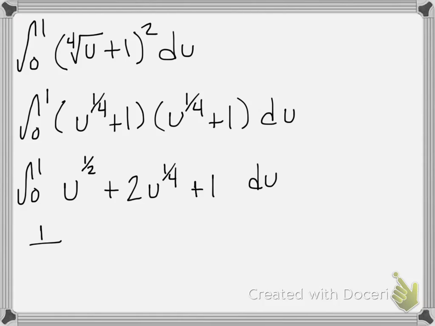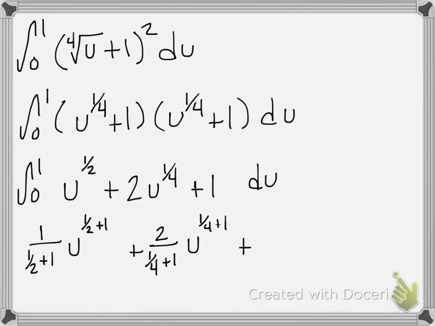We're going to have 1 over n, which was 1/2 plus 1, u to the n, which was 1/2 plus 1, plus our 2 over our n, which in this case is 1/4, plus 1 times u to the n, which is 1/4 plus 1, plus, like I said before, the 1 is going to be understood as 1 u to the 0.